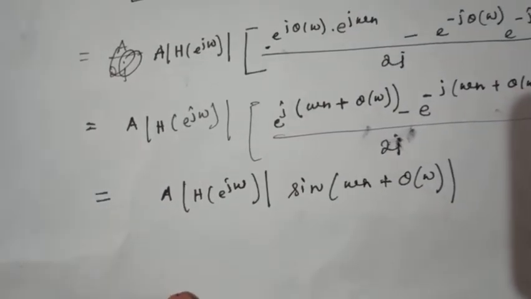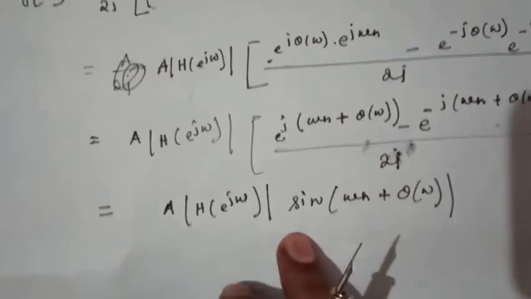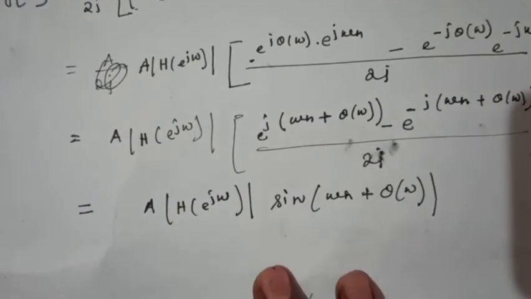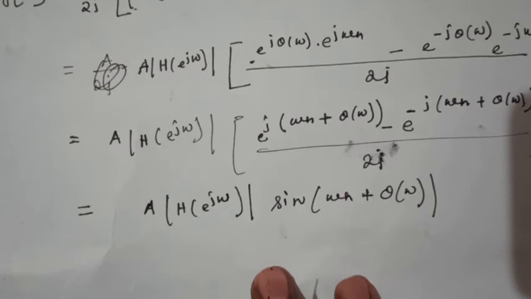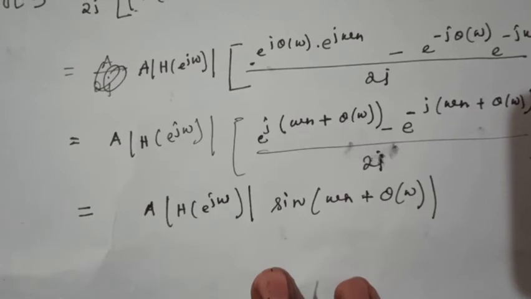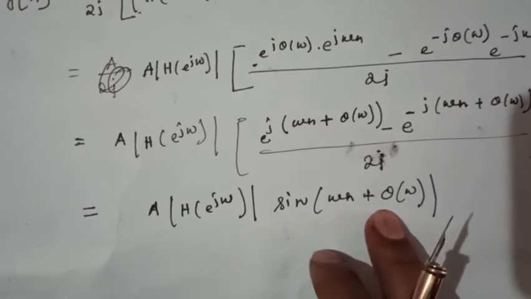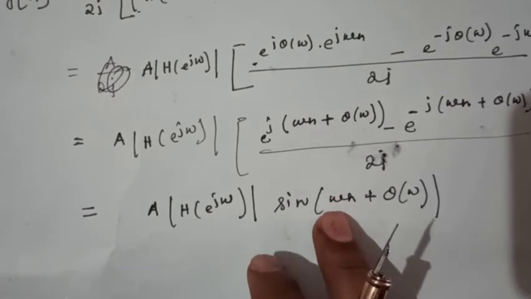So what does it mean? It means that if the input to the LTI discrete time system is a sinusoidal signal of frequency omega, then the output is also a sinusoidal signal of the same frequency.